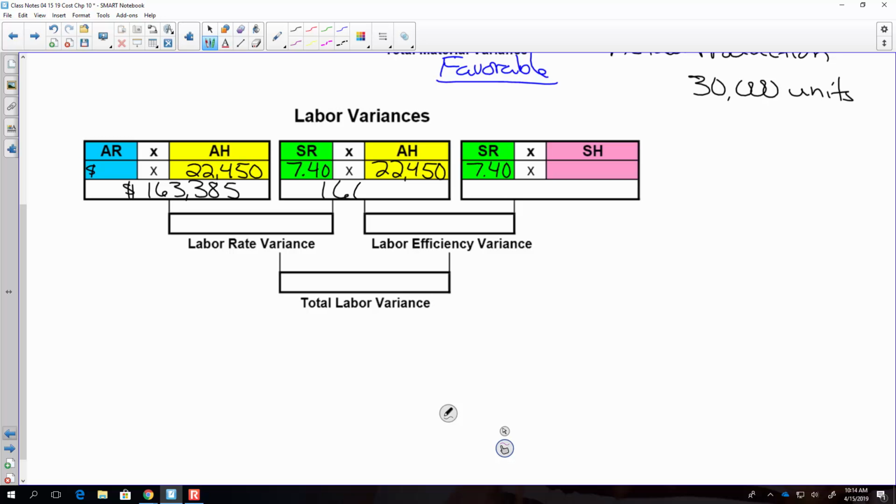Yeah. What's the actual rate per hour? 13 cents. 0.14. No. We have to take hours cost over hours. Oh, I think you might have it backwards. Probably. Yeah.